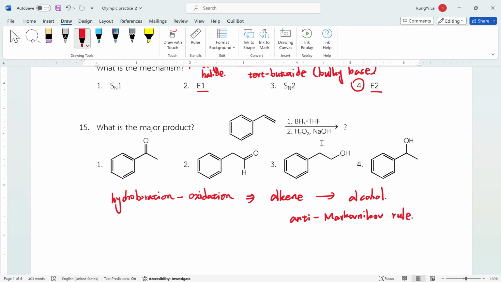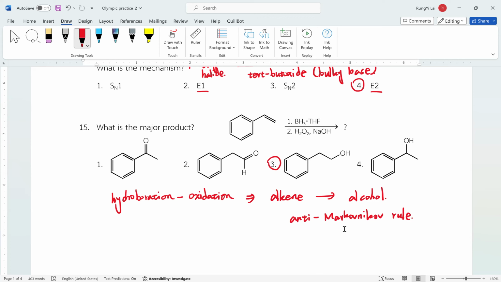So that means in these answers, only number 3 and number 4 are alcohols. But the question is which one is correct. That's why you need to follow the anti-Markovnikov rule. According to the anti-Markovnikov rule, your product would be number 3, right? Because your hydrogen needs to go to the carbon with less hydrogen.